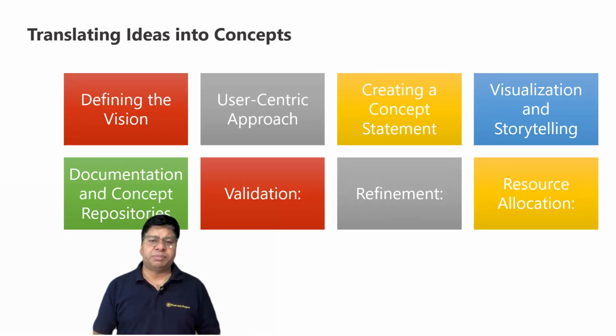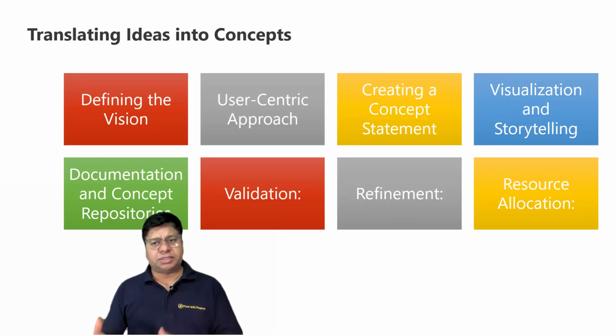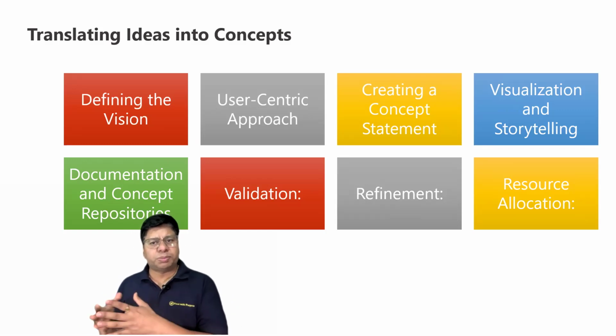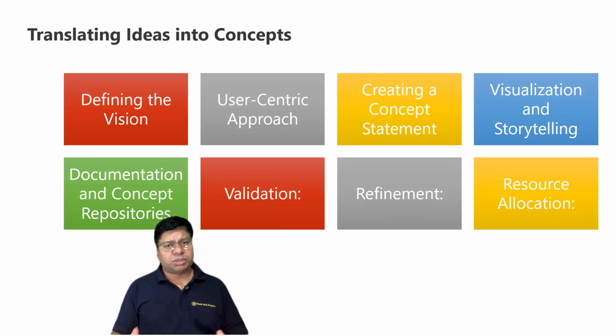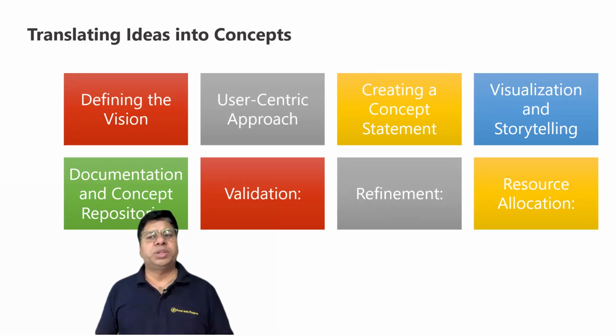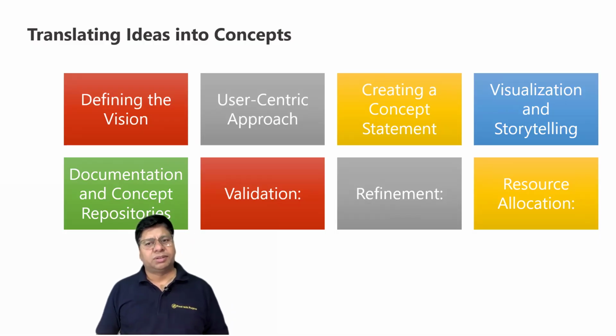Next is refinement based upon the feedback. Revisit your concept statement, adjust features, value propositions, personas, prioritize problems, and understand what users actually care about. Change is normal and necessary for your concept to evolve at this stage.